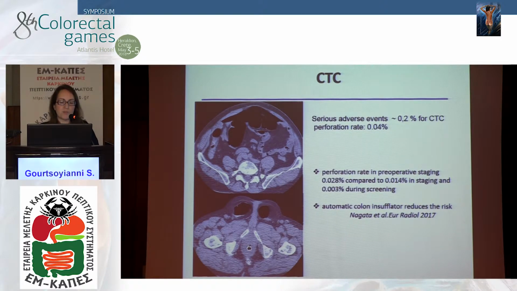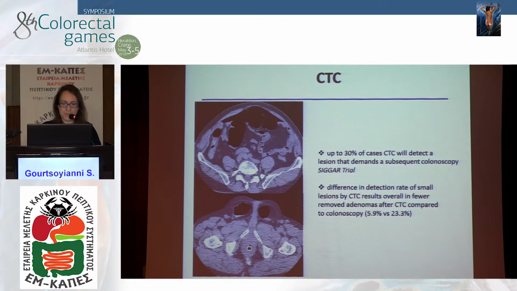And this perforation rate, according to a very recent big national survey that was done in Japan, has been shown to decrease if we are performing staging and screening with CTC. The risk for perforation is reduced if we use the automatic colon insufflator for the distension of the colon.